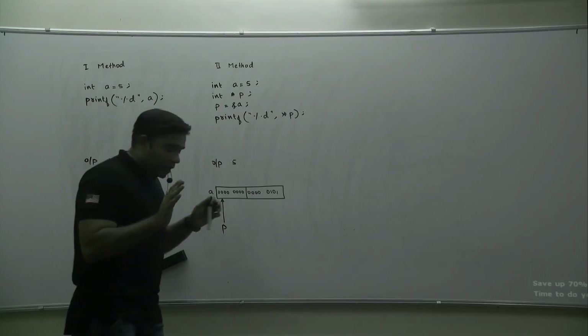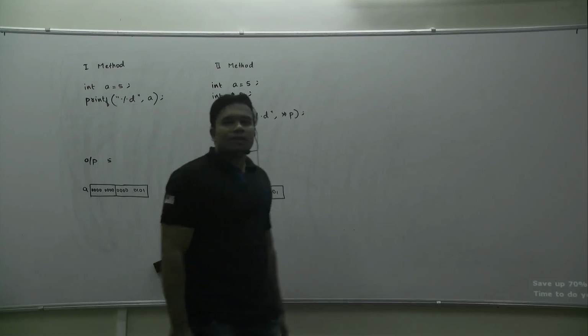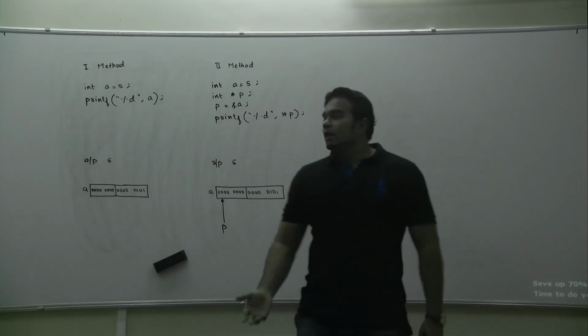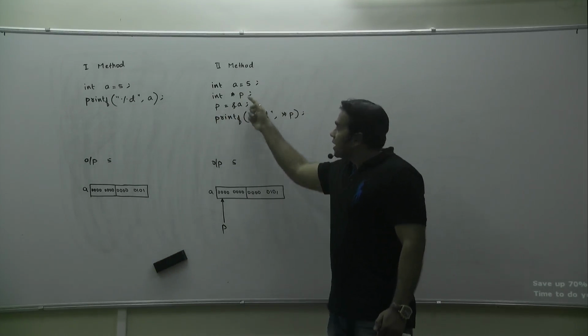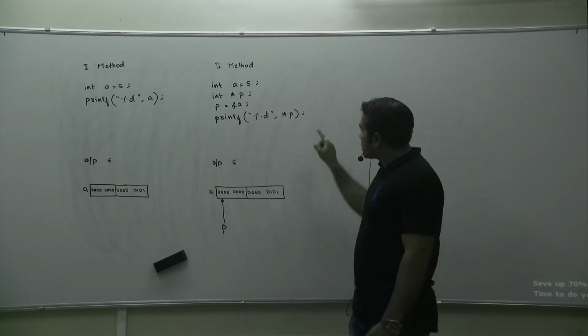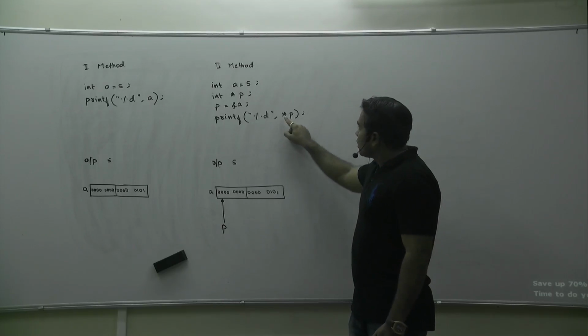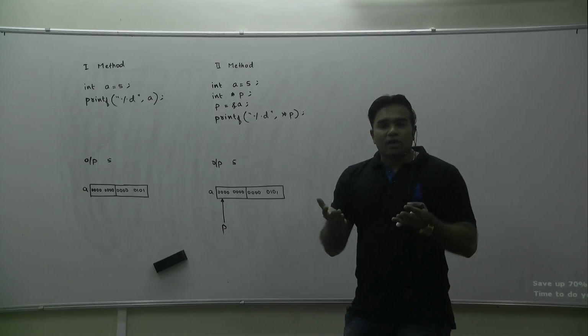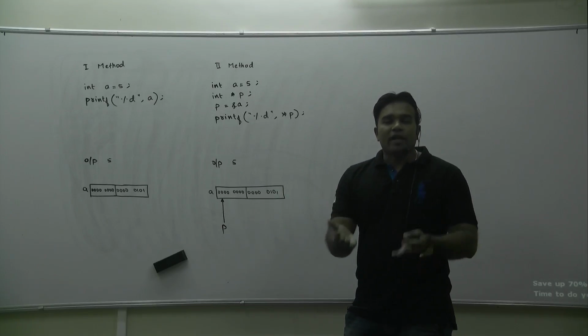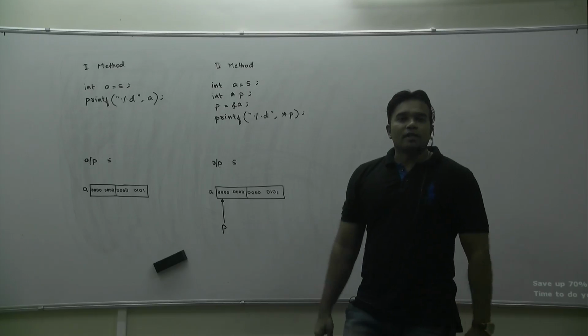Now, for beginners, full confusion. What are you telling, sir? Here one star you put, you told this star is creating a pointer. Here one star you put, you told this star is penetrating the pointer. Sir, is star used to create a pointer or is star used to penetrate a pointer? We are unable to understand.